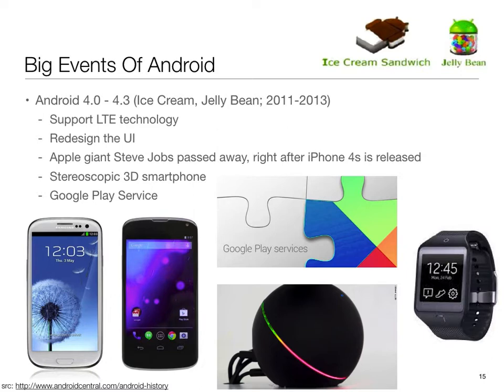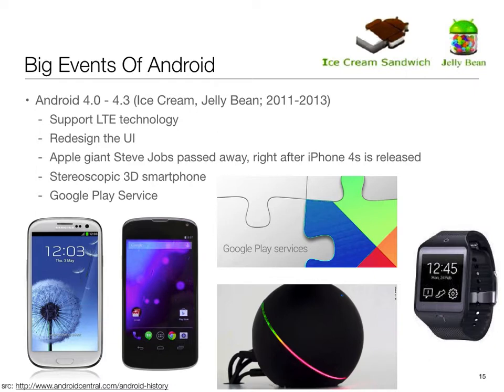So they had a whole bunch of Android tablet OSs that were pretty clunky. And then from 4.0 to 4.3, I remember when I was doing my master's, this was a pretty robust platform, and a lot of research was done on these platforms. They had support for LTE technology at this time. They redesigned the UI. It was much nicer than before.